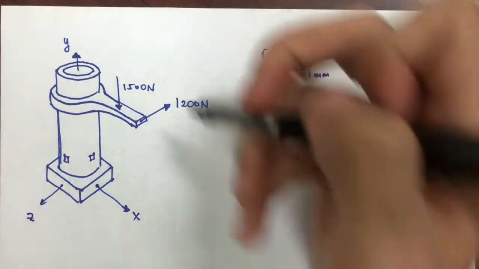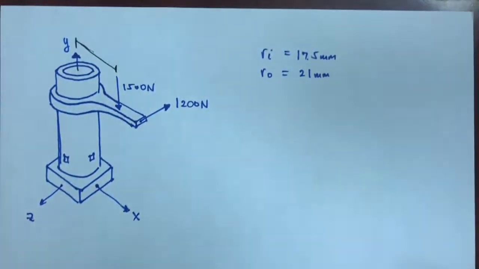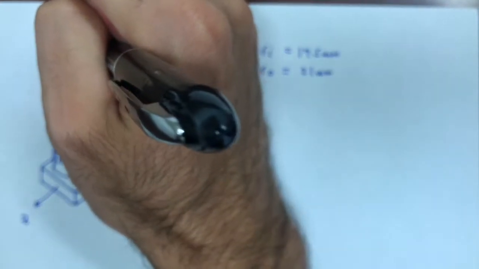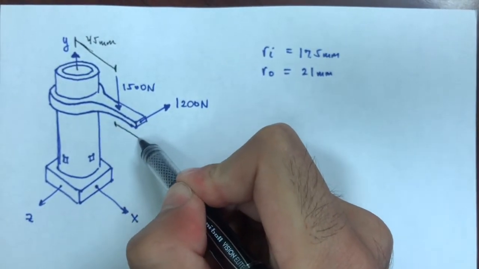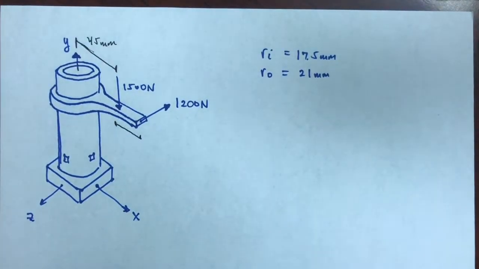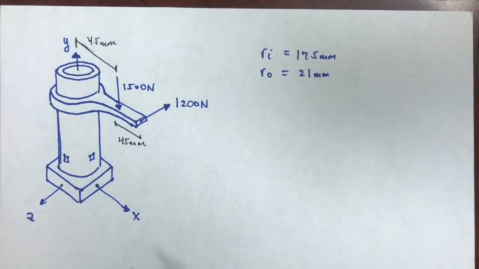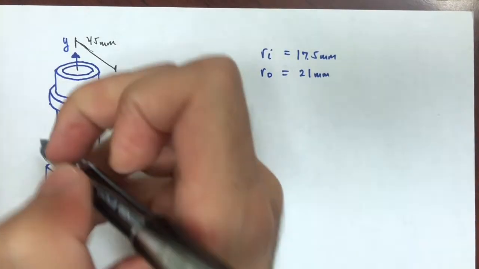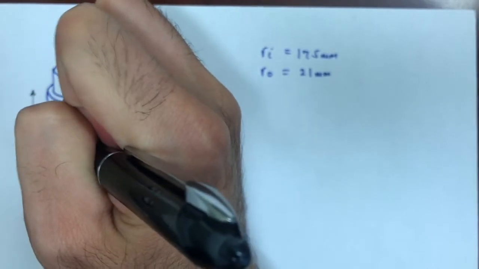The distance between the center of the pipe and the 1500 load is 45 millimeters, and the same between the 1500 and the 1200 load, 45 millimeters. And then the distance from where the handle is located to where A and B are, like tiny elements, is going to be 75 millimeters.